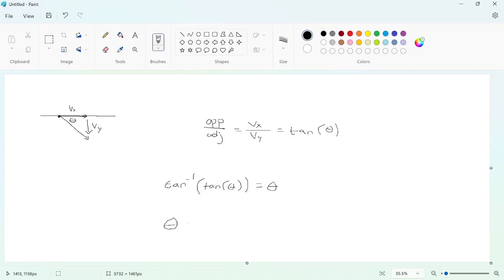We're taking the inverse tangent of both sides, and the inverse tangent of tangent theta is just equal to theta. The inverse tangent of Vx over Vy is equal to the inverse tangent of the opposite over the hypotenuse. And that's how you get the angle.